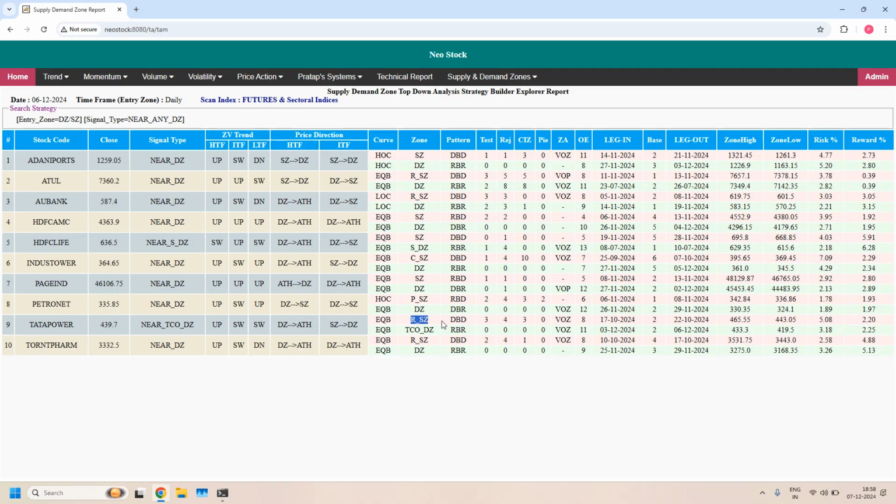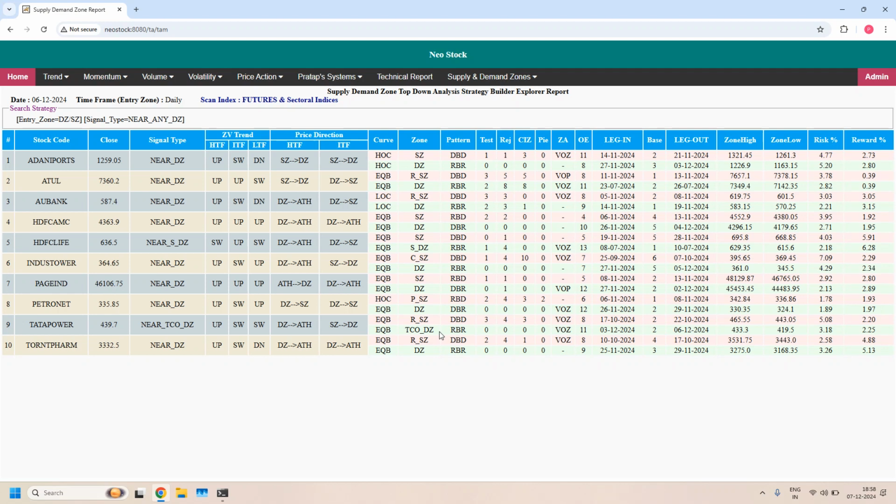If this supply zone is not tested, because sometimes what happens, the TCO zone will go, one zone is violated, and the next supply zone also is reached. That means the price direction will change, and this supply zone will be pushing the prices down. Because of that, your TCO zone priority will be changed. If it is not tested, definitely, if prices are coming back before reaching the supply zone, this will be qualified as a high priority, high liquidity zone.